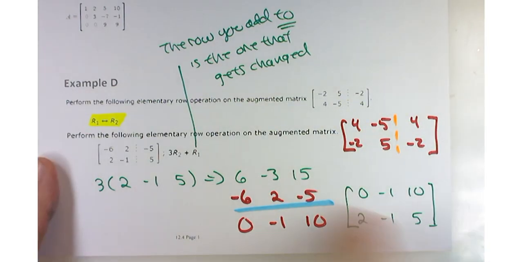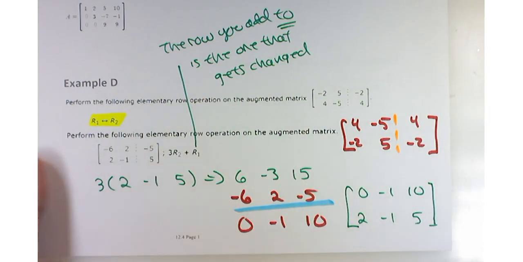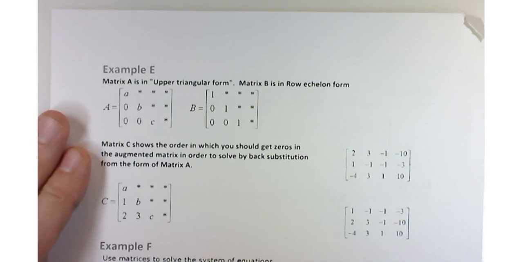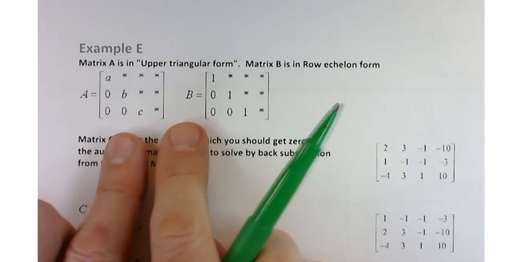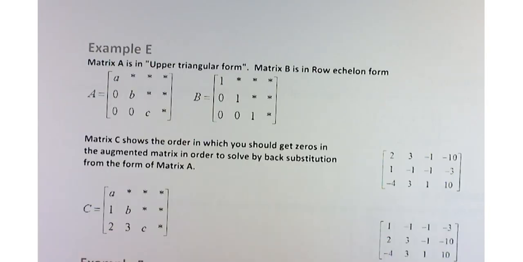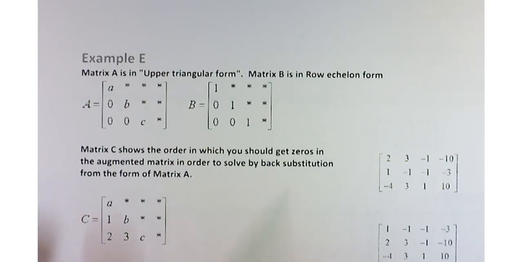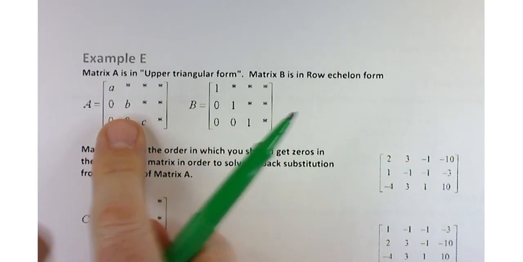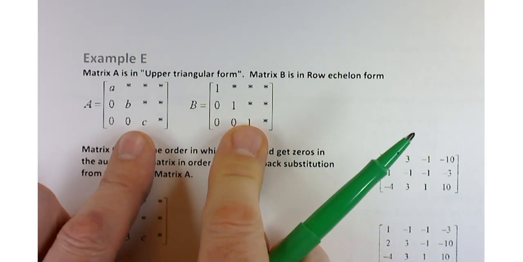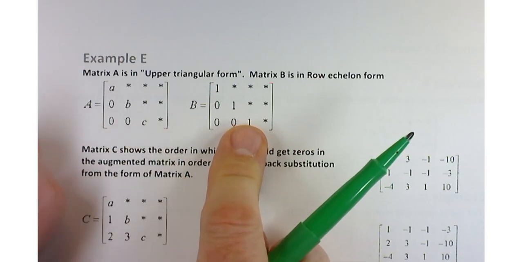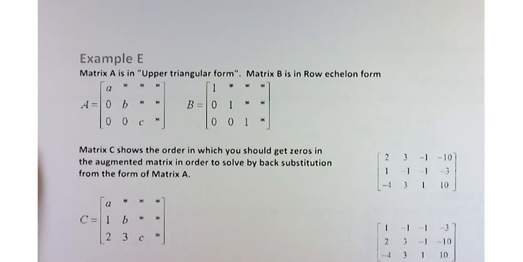Are we okay with example D here? Now let's go back to our 3x3 matrices. These are representative of 3x4 matrices. That's going to be an augmented matrix for a 3x3 system of equations.